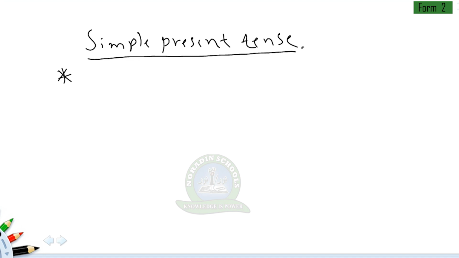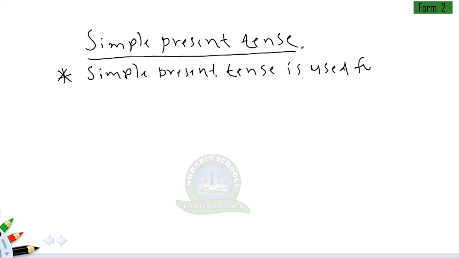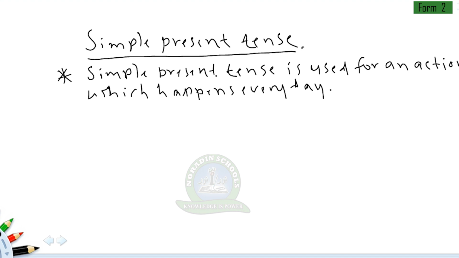Simple present tense is used for an action which happens every day.